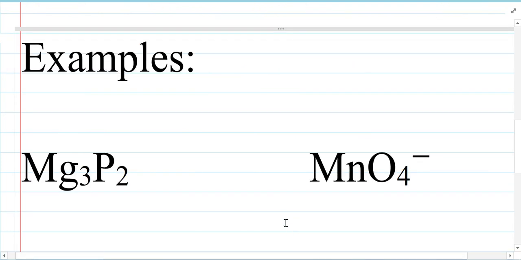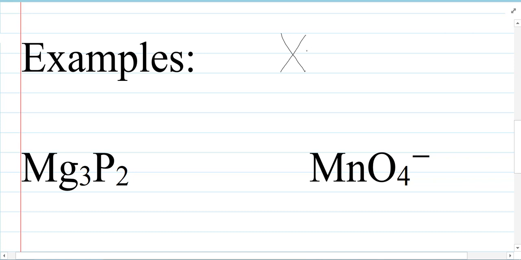Now, when we do examples, I didn't say this. If I have X, Y, and Z, the oxidation numbers I'm going to put up here are my oxidation numbers.